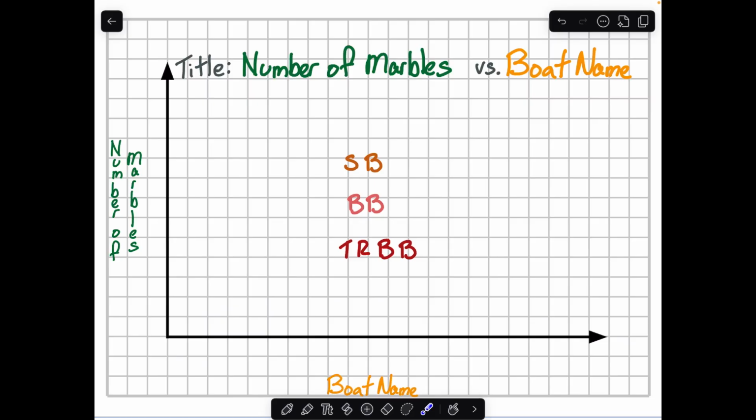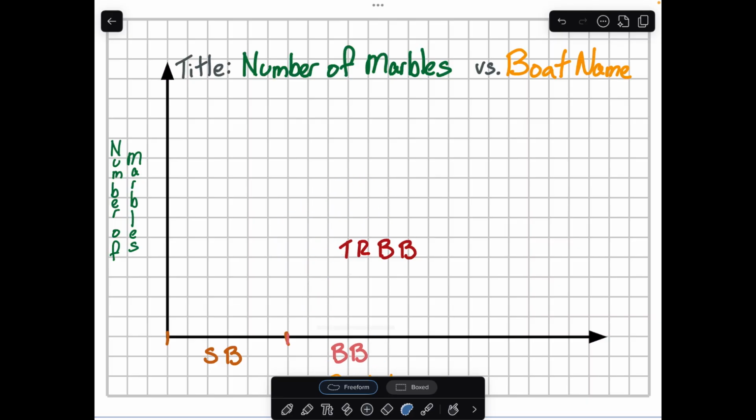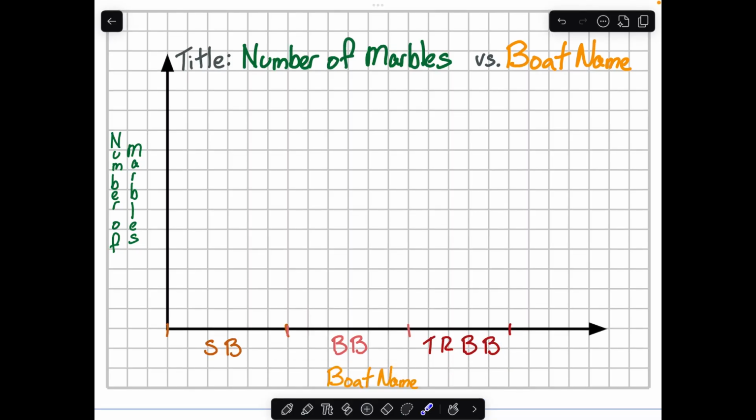So I'm going to use 1, 2, 3, 4, 5, 6 boxes to represent each boat. Next, we have to put the corresponding value down, or the number of marbles, for each of the boats.